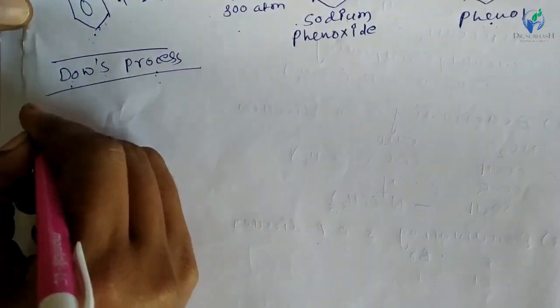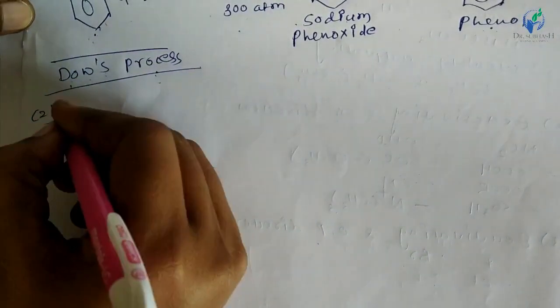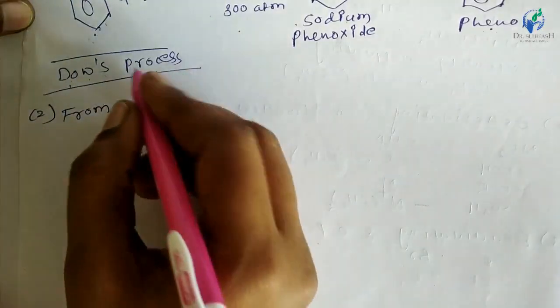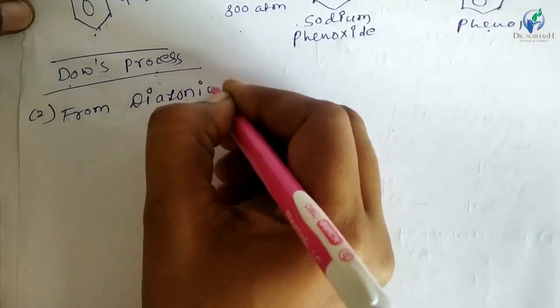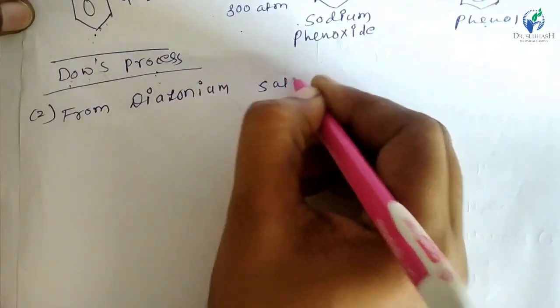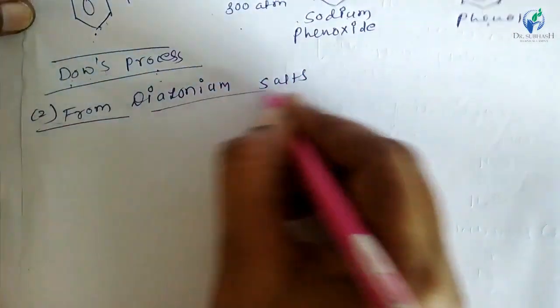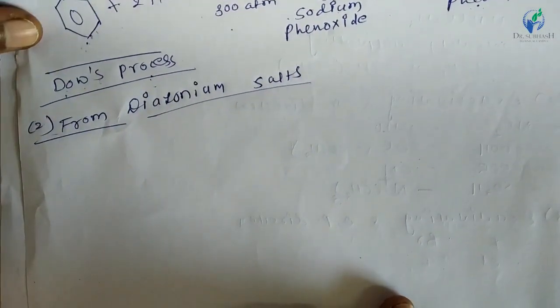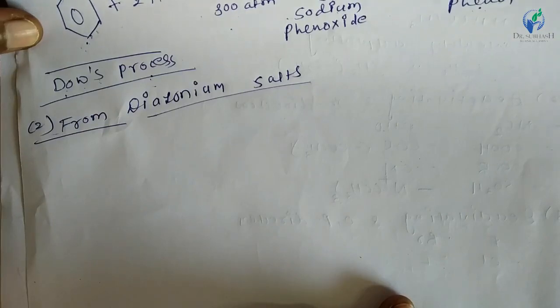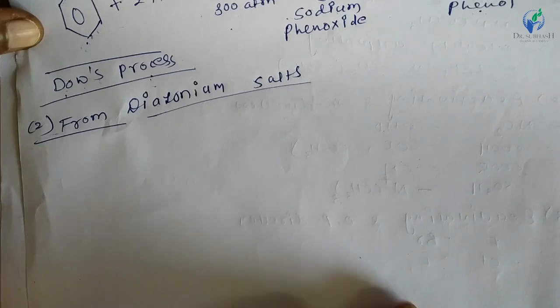Now the second one is from diazonium salts. Right? Diazonium salt includes the azo group, the diazo group, right? The diazo group is linked with a halogen.